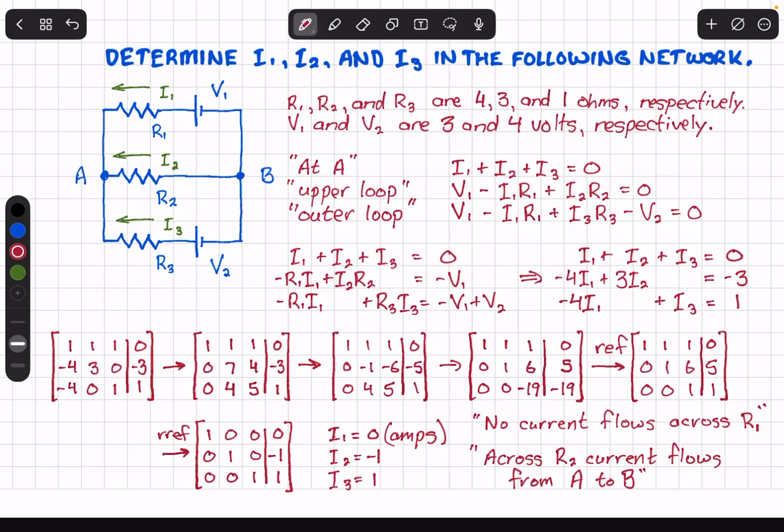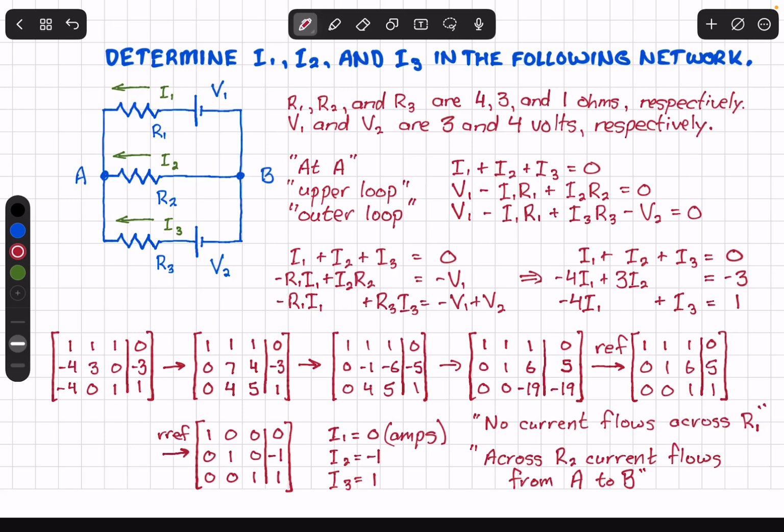Now back at B, this loop has 0 change of potential difference. One loop has no net change of potential difference. What you gain is what you lose, so that's equal to 0. If we travel on the outer loop from B, we add potential difference of V1, subtract I1 R1, add I3 R3 by the direction we've stated, and then subtract V2.